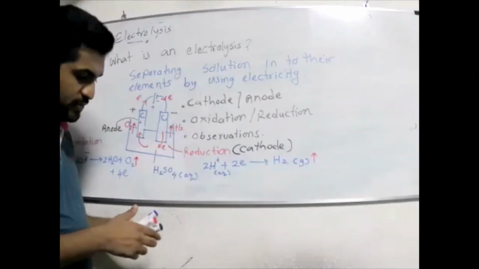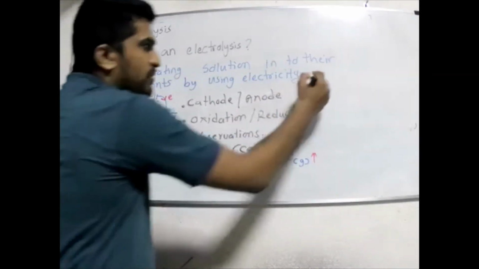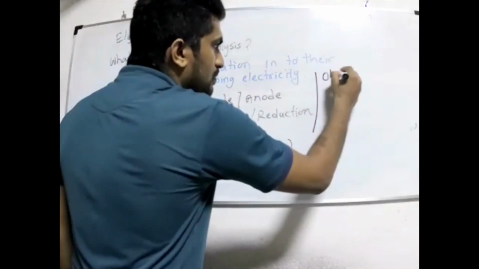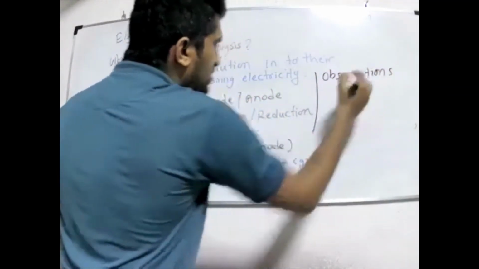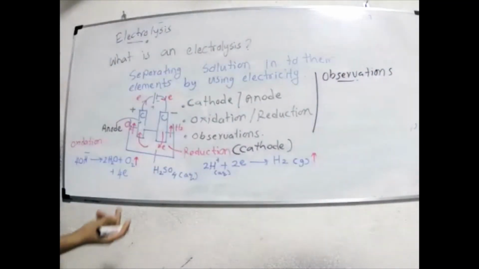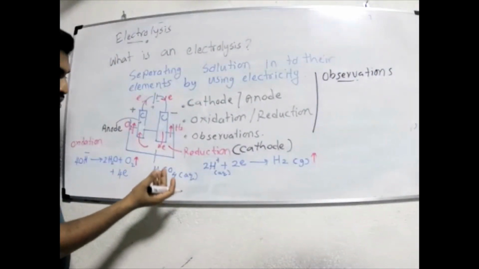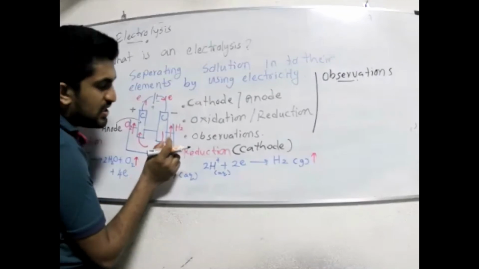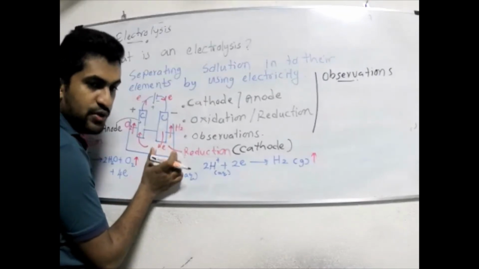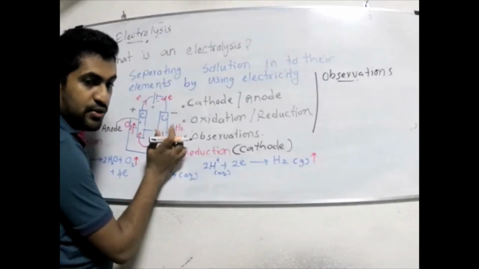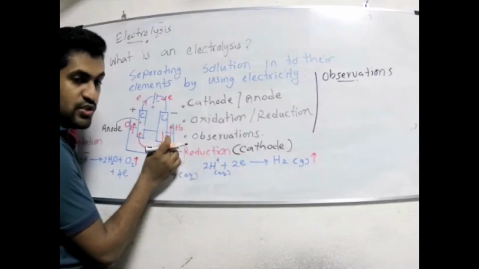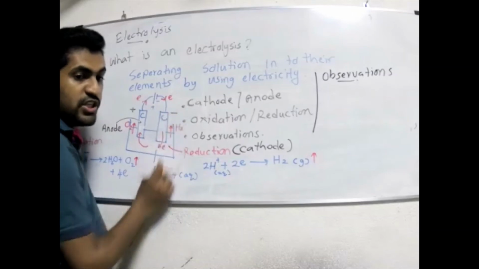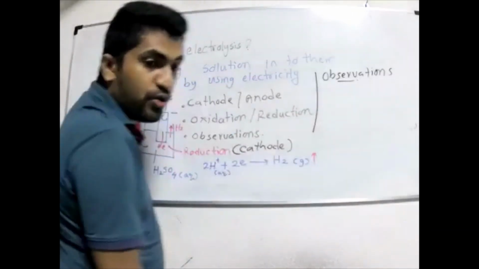So under observations, what are the observations? Can you say that hydrogen gas is evolved near the cathode? In your observation, you cannot say it is hydrogen. You have to say gas bubbles evolve near the cathode and anode both.